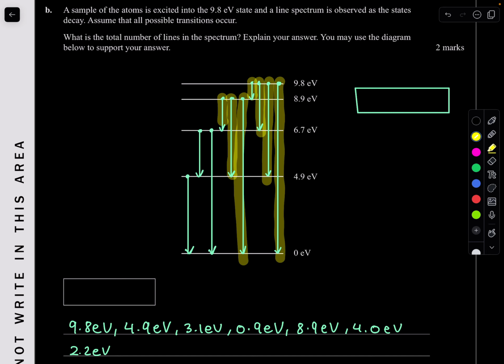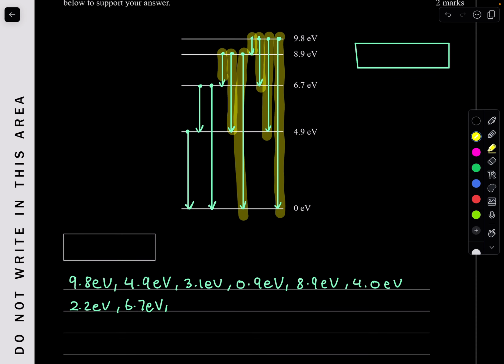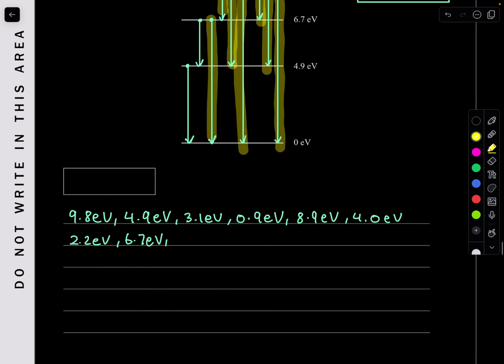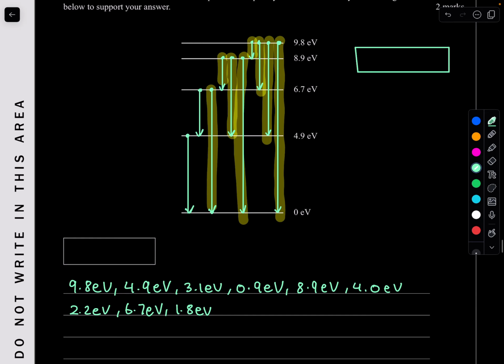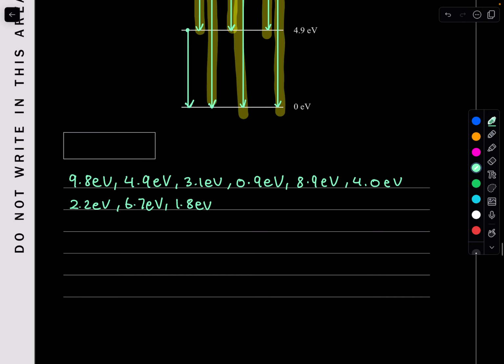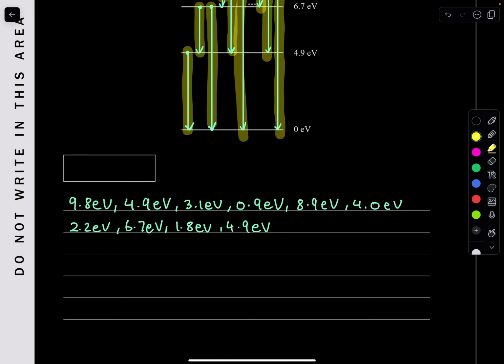Then 6.7 that we can release, and 6.7 minus 4.9 is 1.8 electrovolts. Then the last one is 4.9 electrovolts. Beautiful. So these are all the energies that are possible when they transition. I just want to observe if they're all different, because if they are different, that's great.